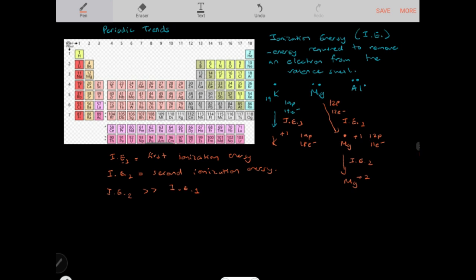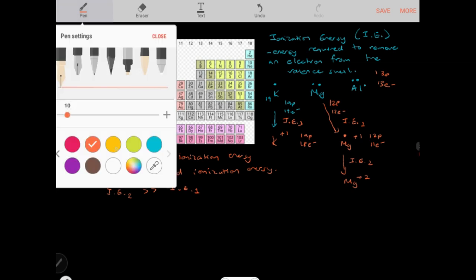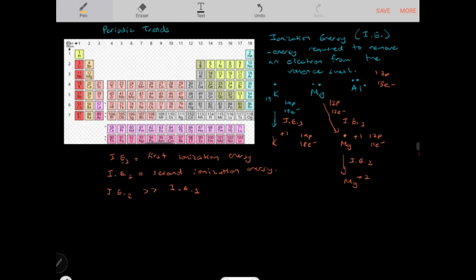Likewise, for aluminum, this guy has 13 protons and 13 electrons. If I wanted to create an aluminum cation, I'm going to use a different color for this, right? I'm going to first remove 1 electron. This is the first ionization energy, or the energy needed to remove that first electron, and I get aluminum +1, because now it has 13 protons and 12 electrons.